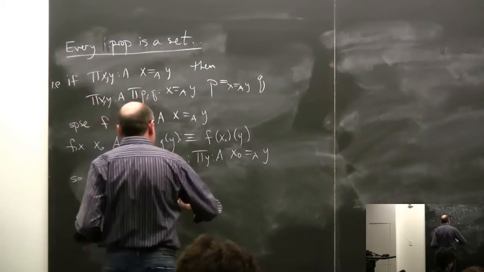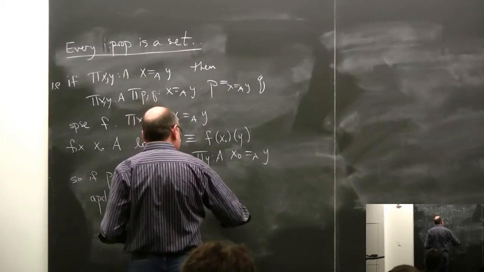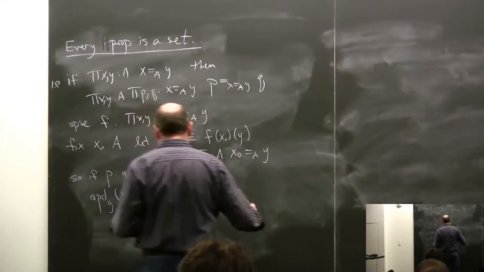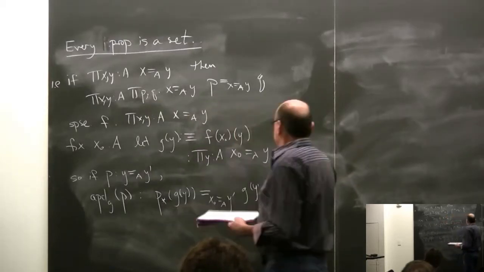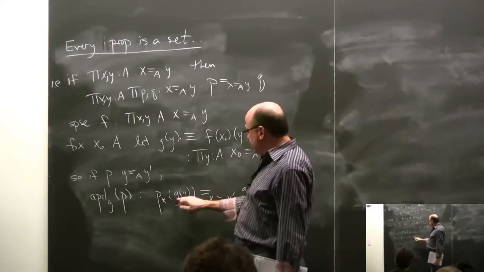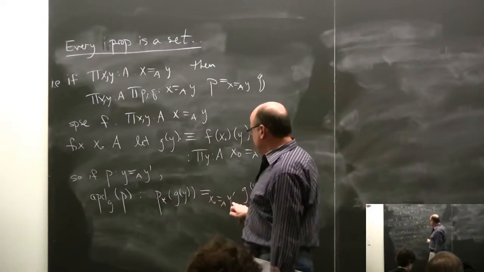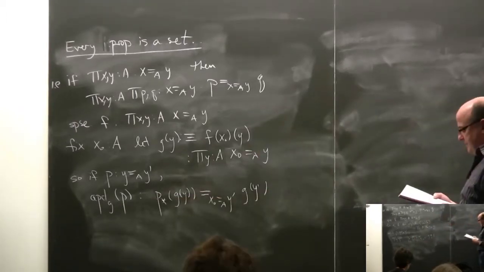So p lower star g of y is equal to, in x naught equals a y, g of y prime, g of y prime. So I move this guy over to the fiber over y prime, and then I say that this guy is equal to that guy. So that's the setup here.